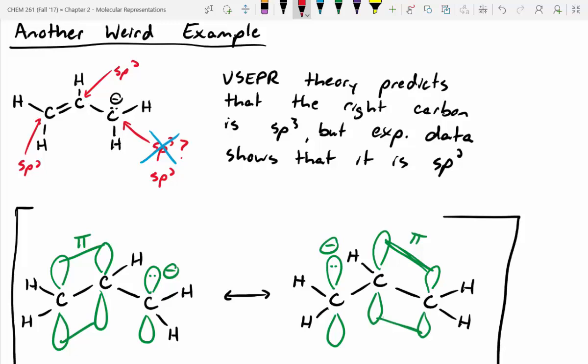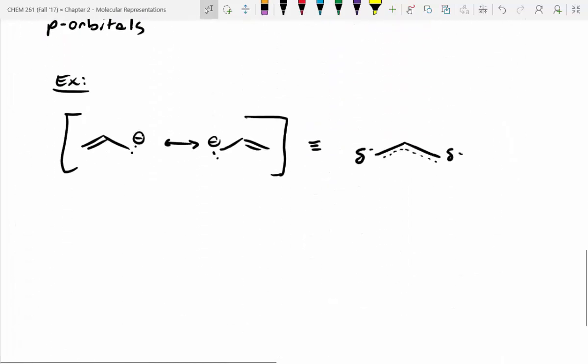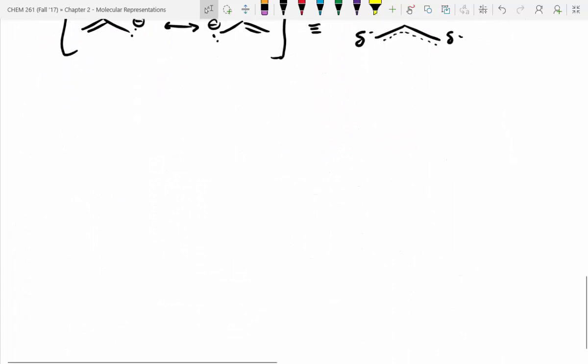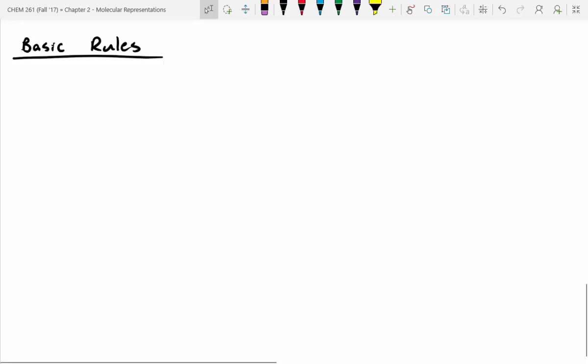So I'll show you guys some basic electron pushing rules that you can follow when doing resonance structures. The first rule of resonance is you don't break sigma bonds.